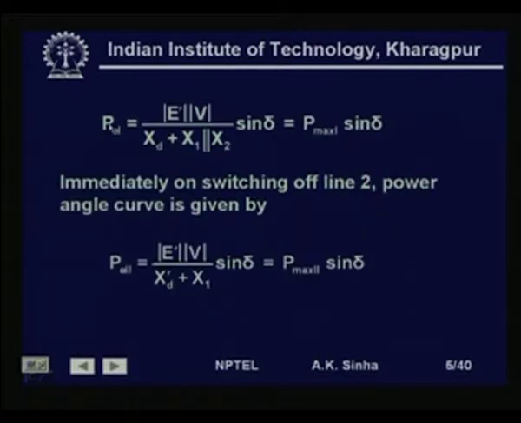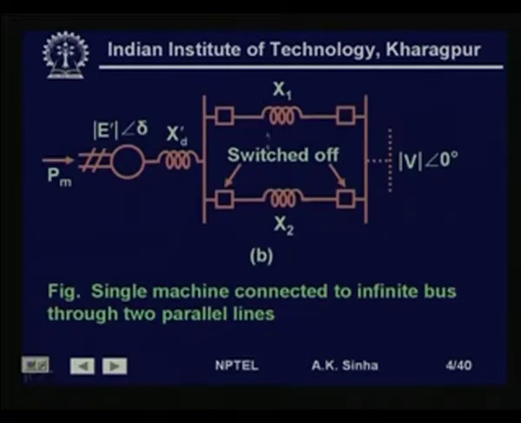So, we have electrical power output given by E dash V by x d plus x 1 and x 2 in parallel. X 1 and x 2 are in parallel and this x d is in series with that. That gives the total reactance between the machine internal voltage and the infinite bus voltage.